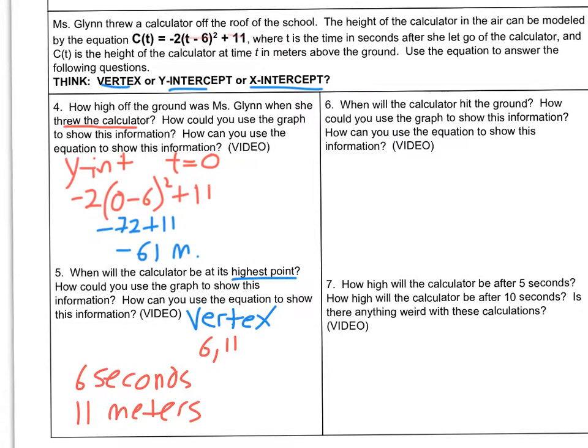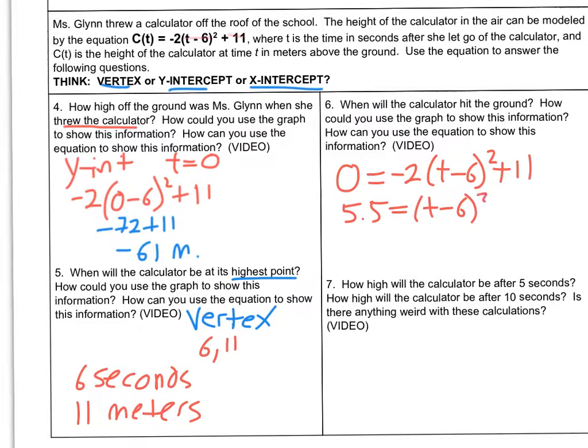When will the calculator hit the ground? Okay, so that's a 0. So 0 is equal to -2 and t minus 6 squared plus 11. The minus 11 then divided by -2. And that's going to end up being 5.5 is equal to t minus 6 squared.